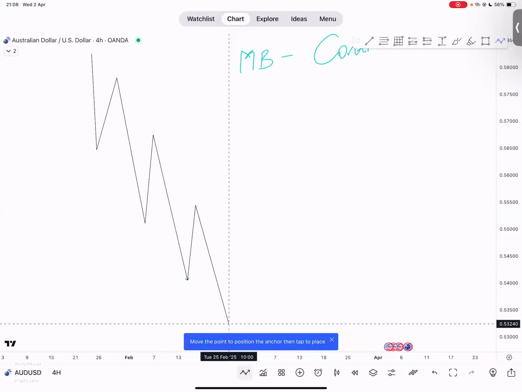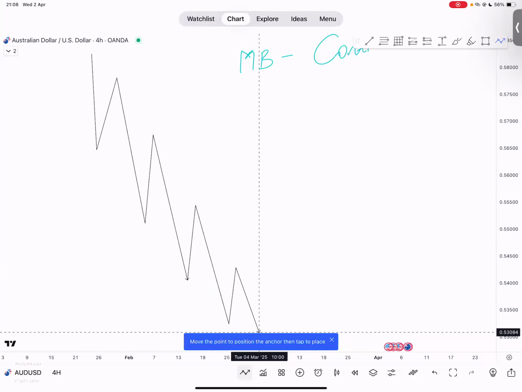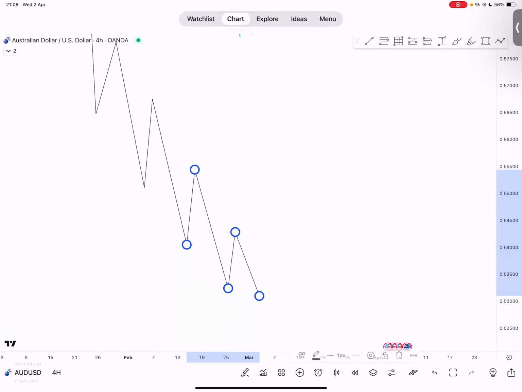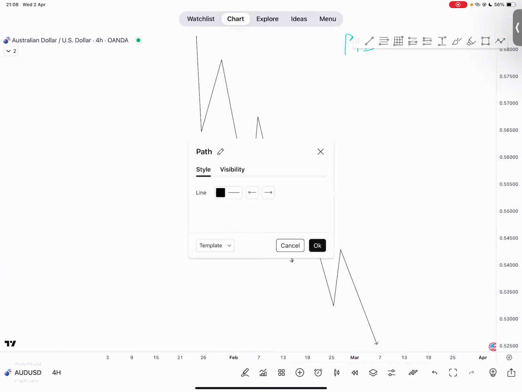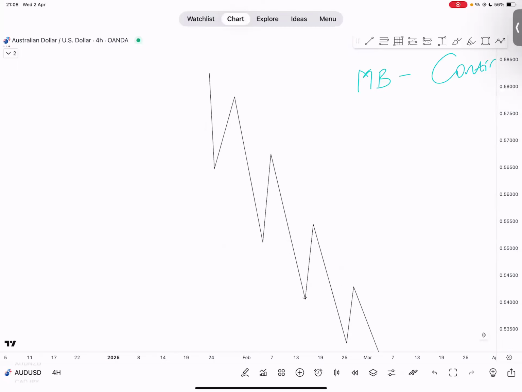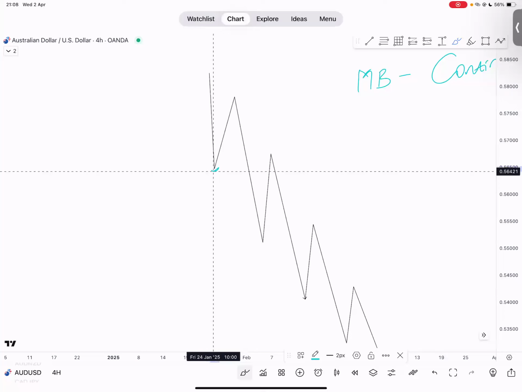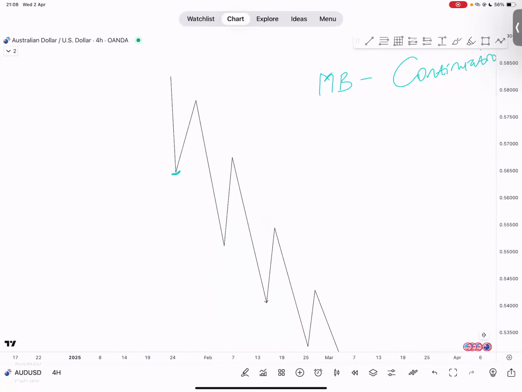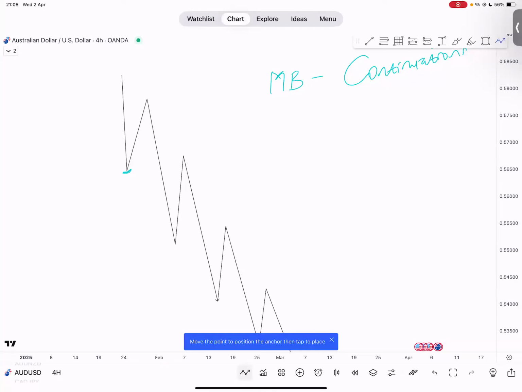Just like this. One pattern that has consistently played out in the market is that if price should break through a low like this forcefully, remember that this is a downtrend.